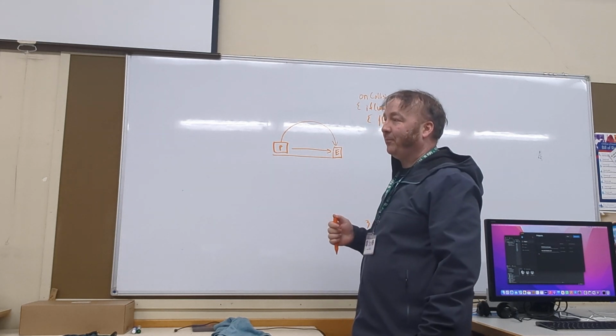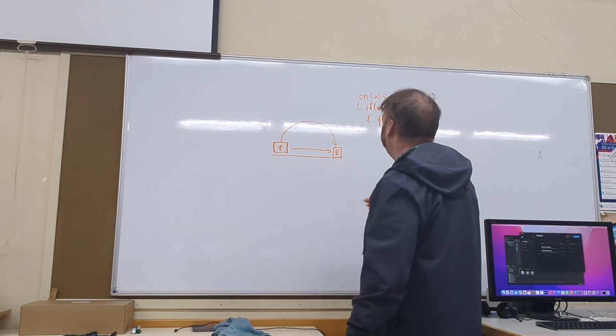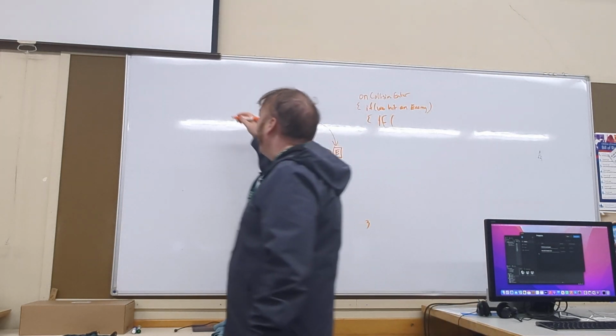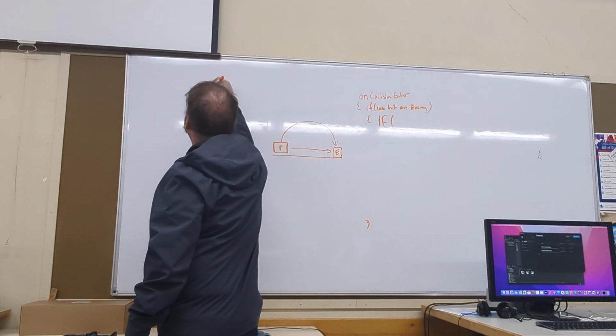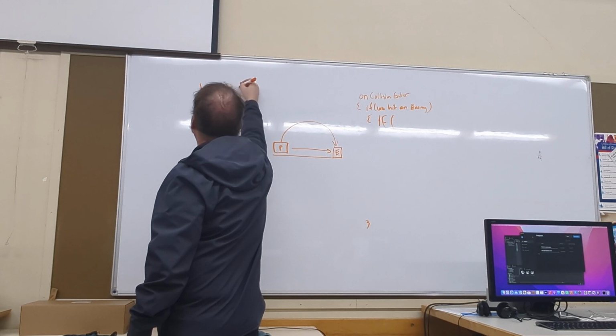I think the way that the original Mario did it is if your velocity is moving down. That's an interesting one. I'm going to write it down as an option. If velocity is negative.